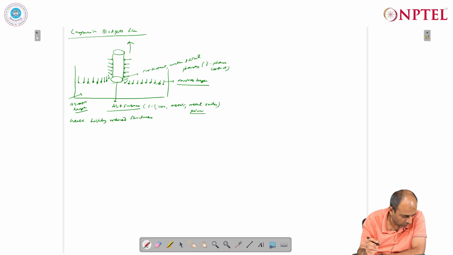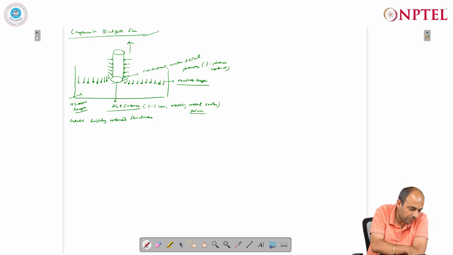And the construction of such highly ordered structures, where you are controlling the degree of orientation via molecular tuning of the hydrophobic chains. This particular technique was developed by scientists, that is Langmuir and Katharine Blodgett, and therefore, this process is referred to as Langmuir-Blodgett film.